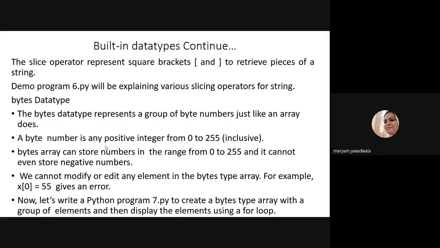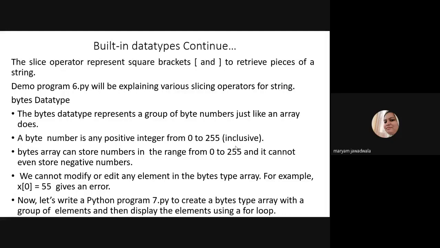So a byte number is any positive integer from 0 to 255 inclusive, right? A byte array can store numbers in the range of 0 to 255. It cannot even store negative numbers. Means we create a byte data type to store integer values, or I can say positive integer values, from 0 to 255.